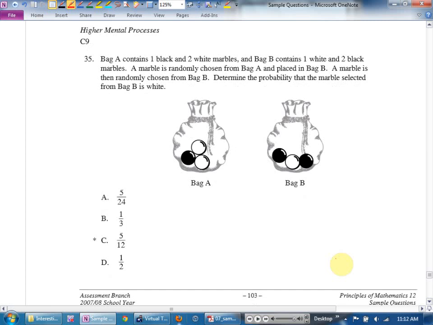So first thing we're going to do is we're going to pick from bag A. So I'm going to make a little note right here, bag A. And in bag A, we can have black or white. What are the odds of getting a black marble in bag A? 1 out of 3, 2 out of 3. Now, once I've picked, then I'm going to pick a black or a white marble from bag B.